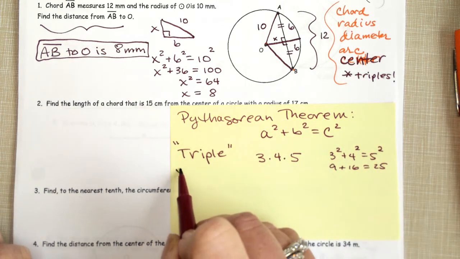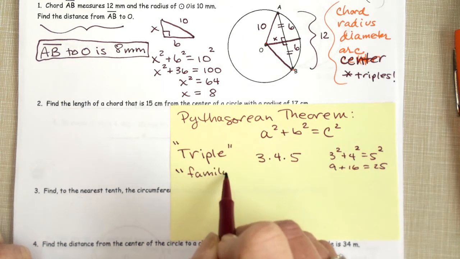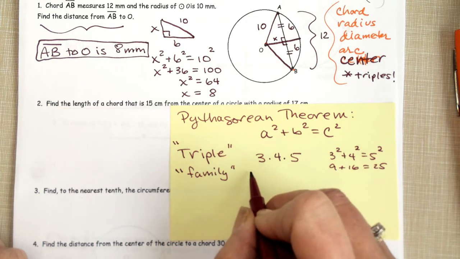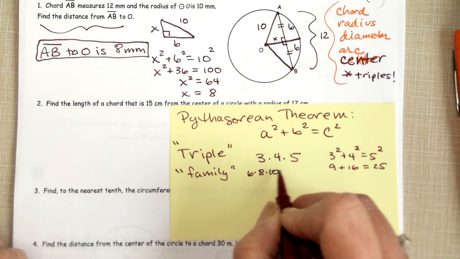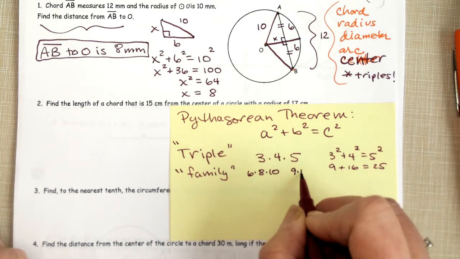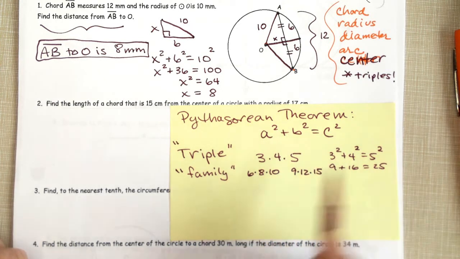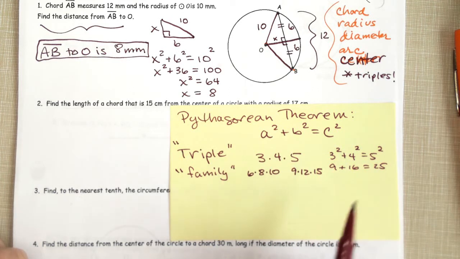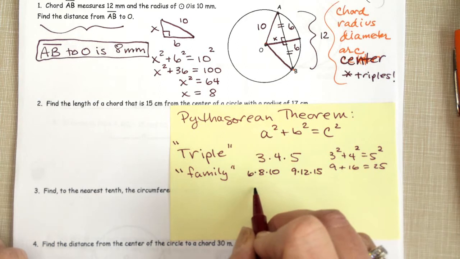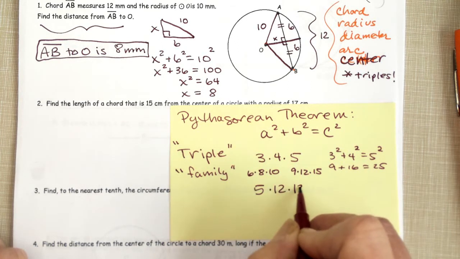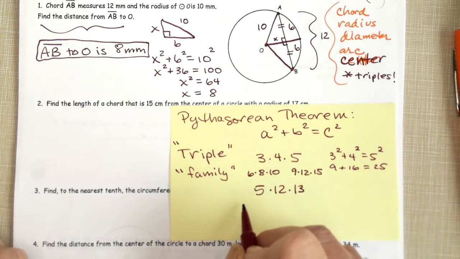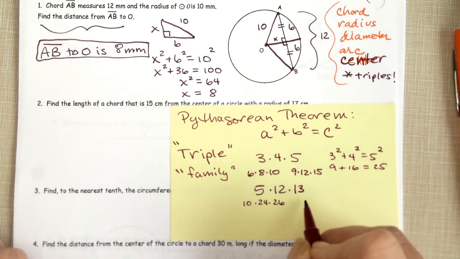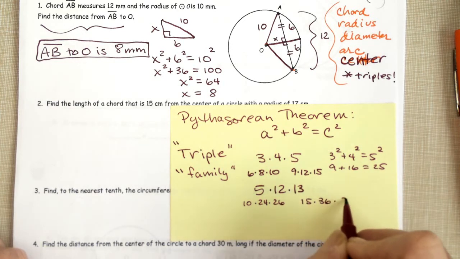Then they have what's called a family. If I doubled all this, I would have 6, 8, 10. Or if I tripled, 9, 12, 15. So this is a triple, and this is in that family. Another really famous triple is 5, 12, 13. In that family would be 10, 24, 26 and 15, 36, 39.